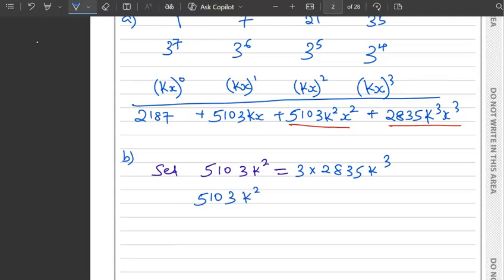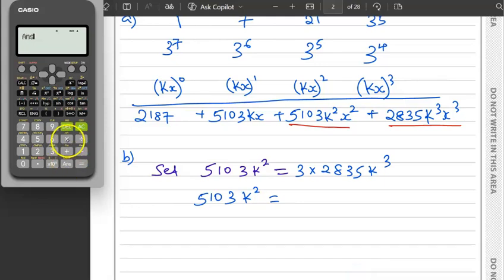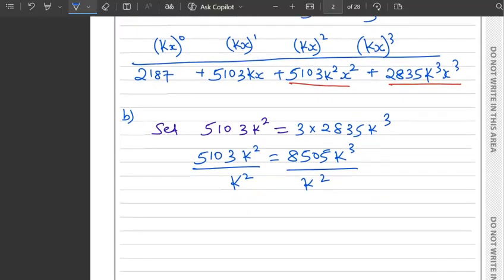Now, simplifying this further, we'll have 5103 k squared equals 3 times 2835. What does it give you? This answer multiplied by 3 gives you 8505 k power 3. Now, for us to get the value of k, maybe we can start by dividing through by k squared, so that what we'll have here is 5103.